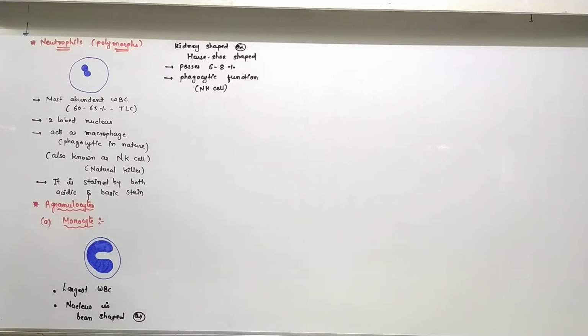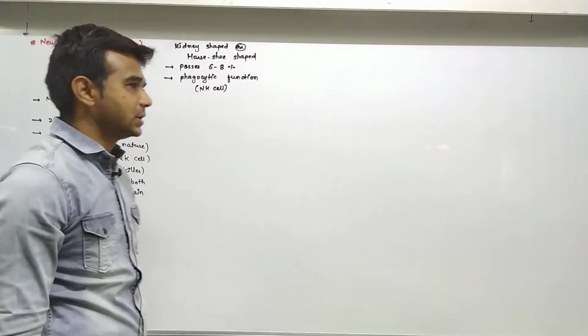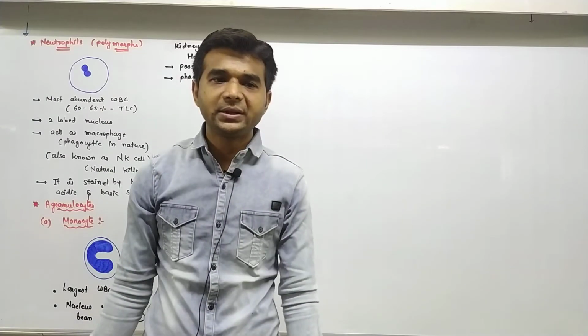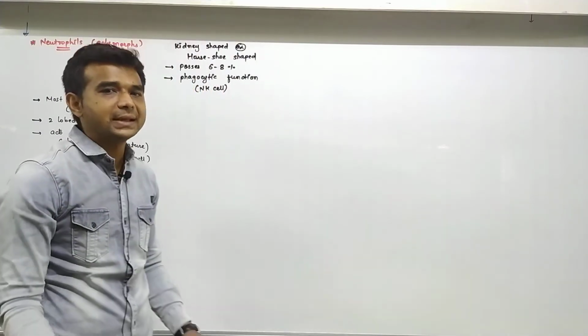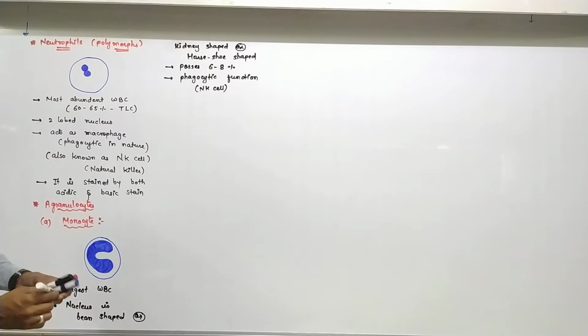Okay, as for its function, it acts as a macrophage, so it has phagocytic function, so that's why it is known as natural killer cell. Okay, so this is about the monocyte.